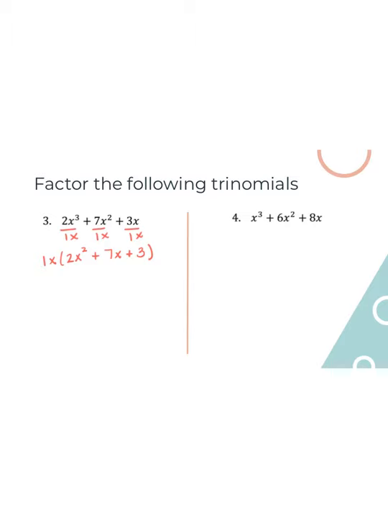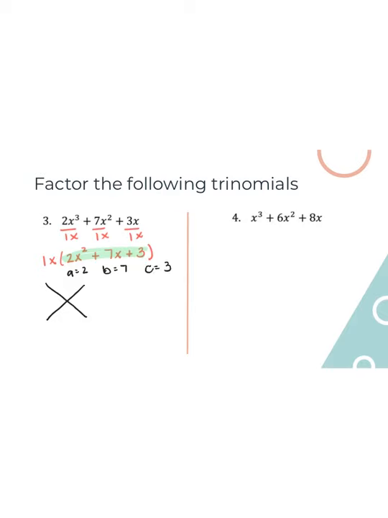So now I'm going to take what's inside here and I'm going to rewrite my x, or set up my x with just that. So my x goes here and my a is a 2, my b is a 7, and my c is a 3.